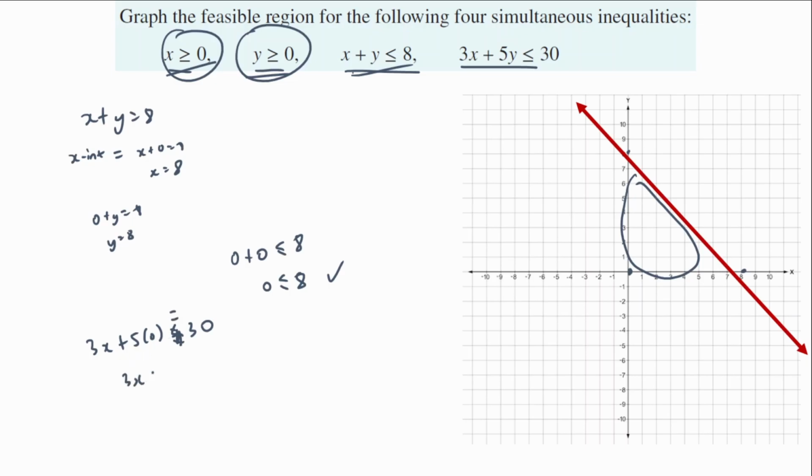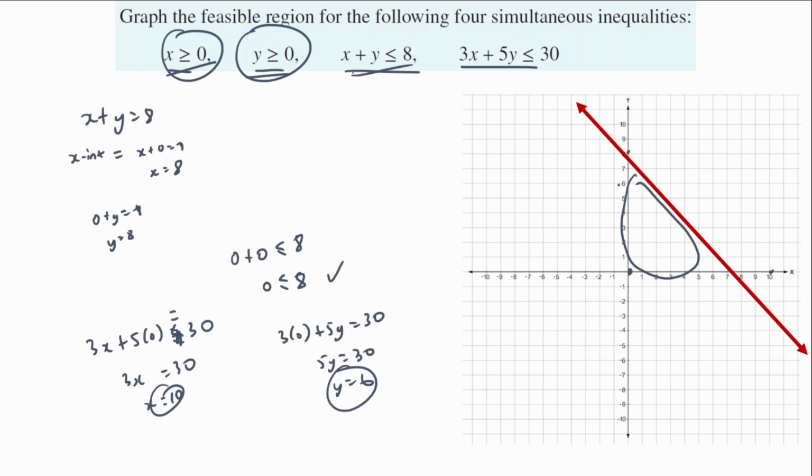That gives me 3x plus 0 equals 30. So therefore x equals 10. That's my x-intercept. And my y-intercept is going to be 3 times 0 plus 5y equals 30. That gives me 5y equals 30. y equals 6. So x-intercept equals 10. y-intercept equals 6. So I'll just graph that in. That's x equals 10 is over here. I'll just redraw that.